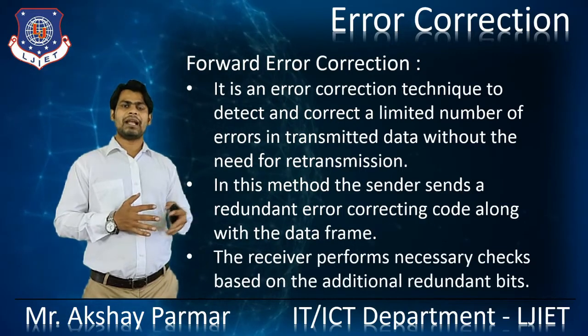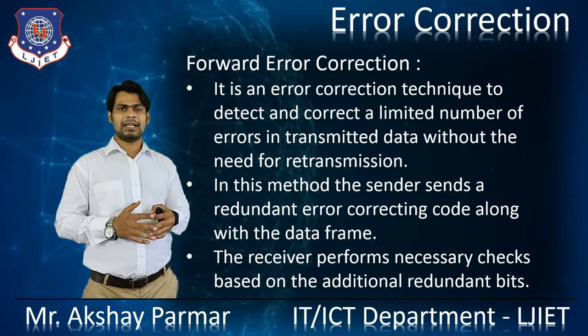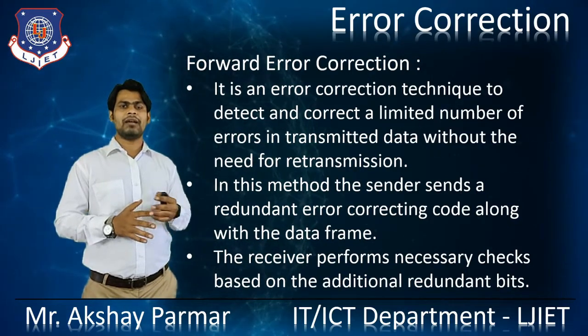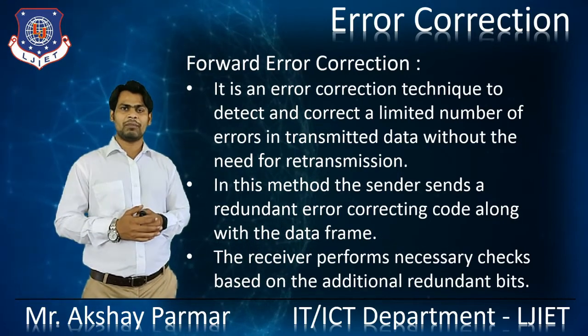The receiver performs the necessary checks based on the additional redundant bits, and determines whether an error has happened or not, and if there is an error, how we can recover from it, so how we can get our original data.